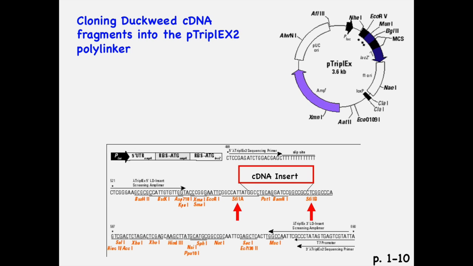Where is this SFIB and SFIA site on our original vector? It's in this polylinker region where I had told you that we look at the multiple cloning site. And this polylinker region has many restriction enzyme sites which help us to find the position of your unknown when we get the sequence back from Rutgers and from sequencing.